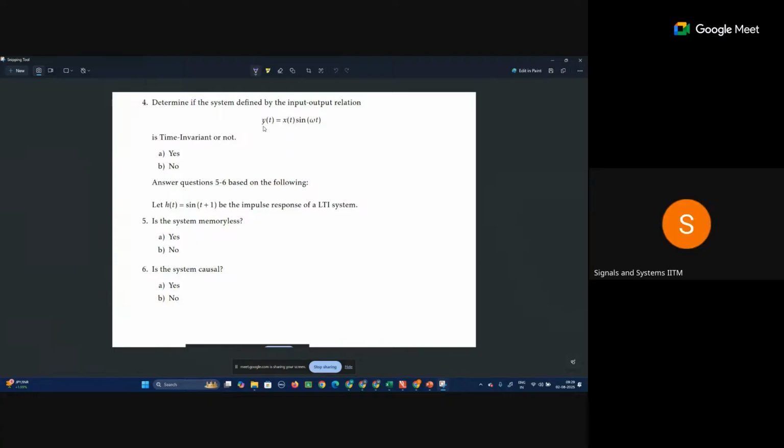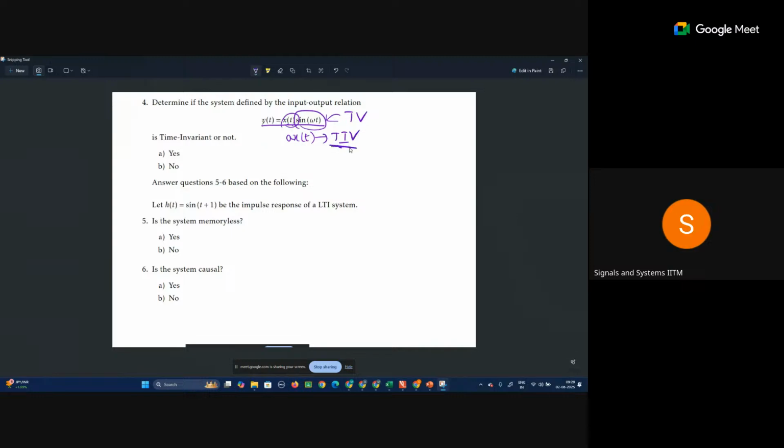If the input is multiplied with some time dependent quantity, then it will be time variant. Suppose there is some constant a times x of t, then it will be time invariant.